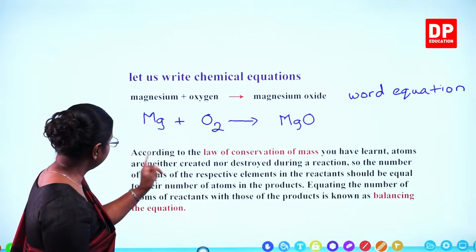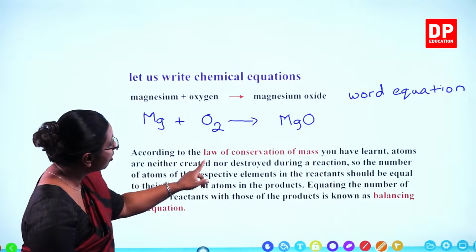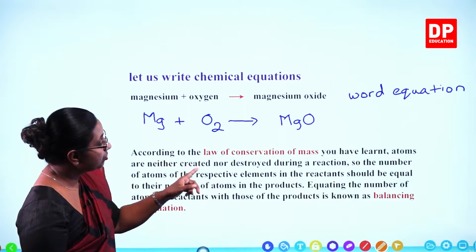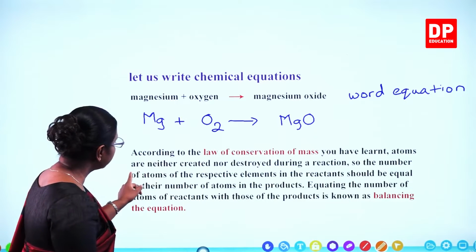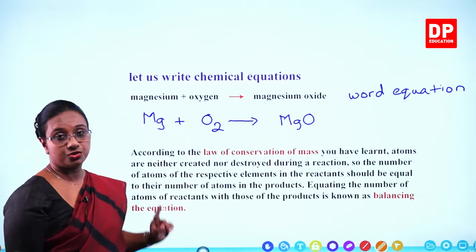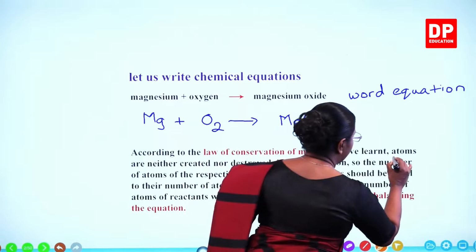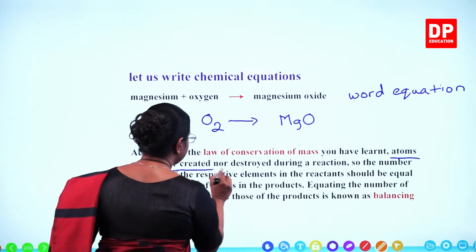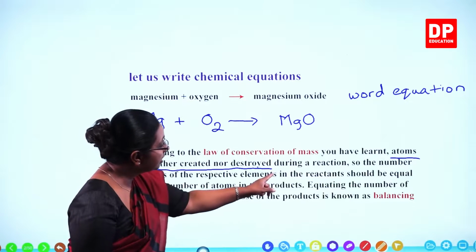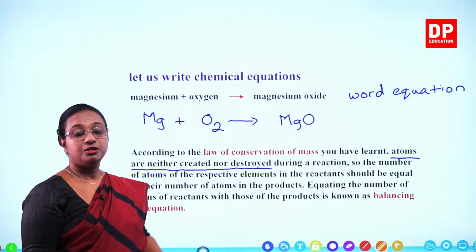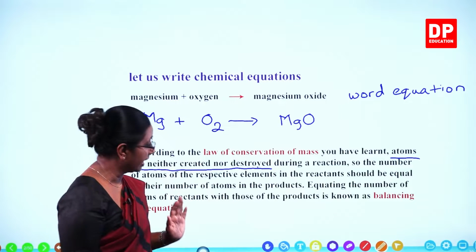So if I read this, according to the law of conservation of mass, you have learned atoms are neither created nor destroyed. So that's important. Atoms are neither created nor destroyed during a reaction. You cannot create or destroy atoms.